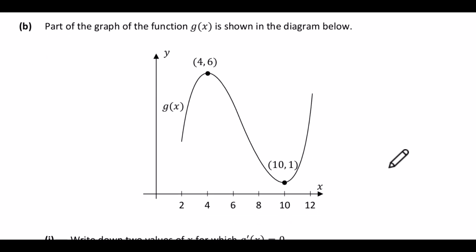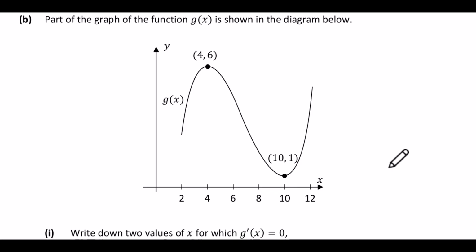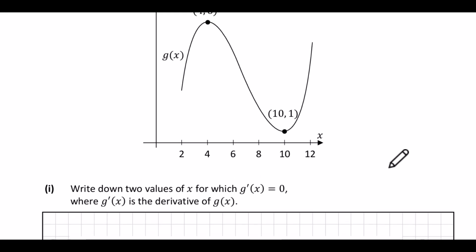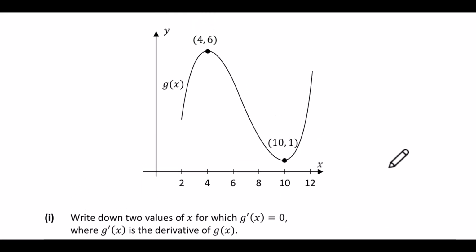And we're given a couple of coordinates there, (4, 6) and (10, 1), a local maximum and a local minimum. Write down the two values of x for which g prime x is equal to 0, where g prime x is the derivative of g of x. So where g prime x is going to be 0 is going to be here and here.